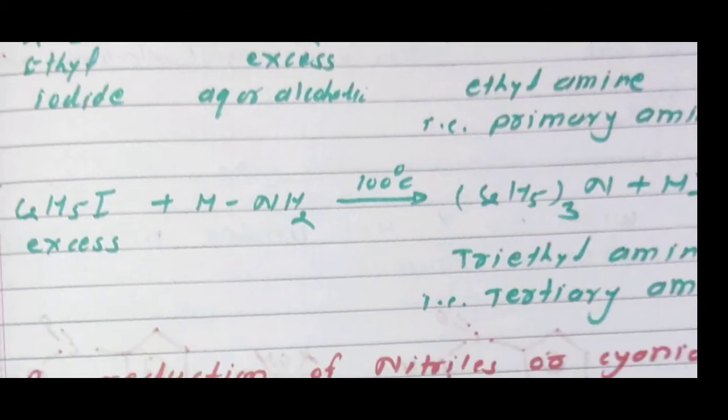Triethylamine is an example of a tertiary amine. This means if we use excess of ammonia, a primary amine is formed, and if we use excess of alkyl halide, that is ethyl iodide, a tertiary amine is formed. This is the first preparation method, ammonolysis of alkyl halide.